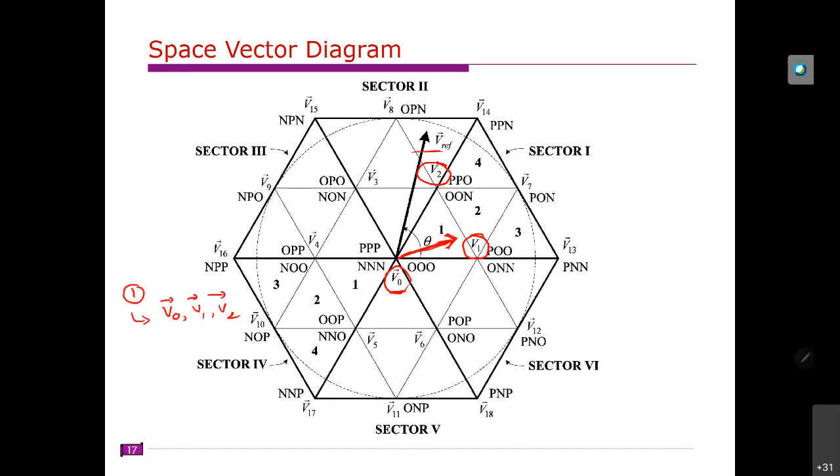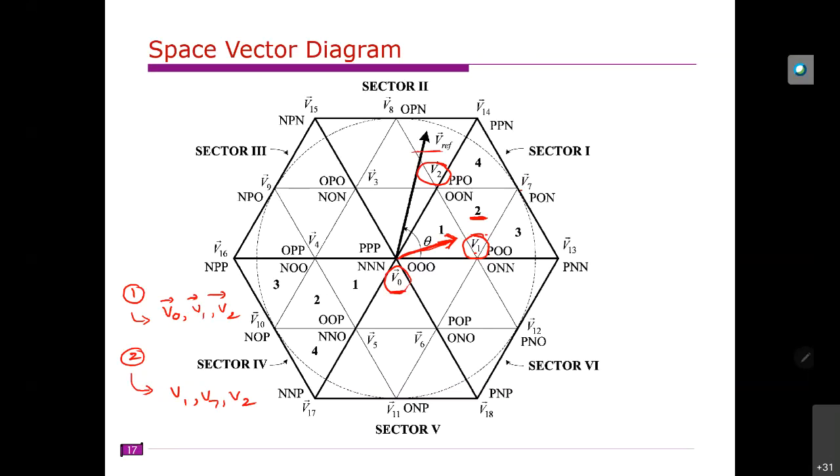Similarly, if it is in region 2, which vectors can we represent it with? We can represent it with V1, V2 and V7. So these are the nearest vectors.